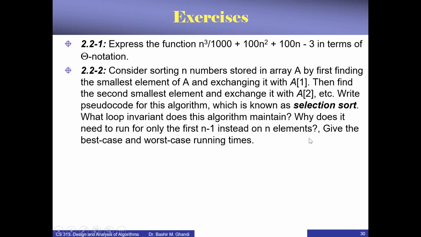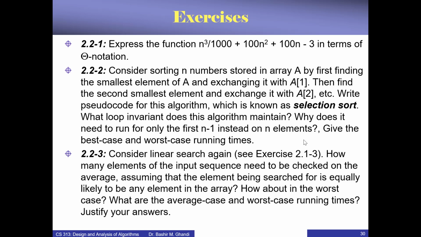And then finally, give the best case and the worst case running times for the selection sort. Very similar to what we did for insertion sort. You need to analyze, come up with the general running time function, and then consider the special cases of the worst scenario and the best scenario.